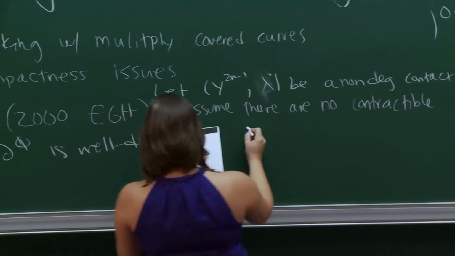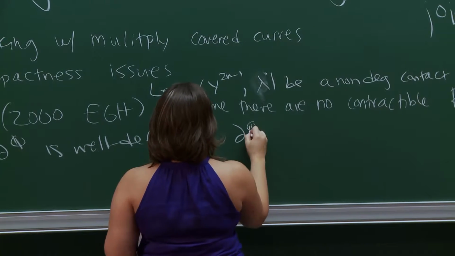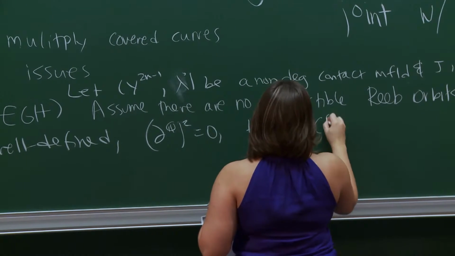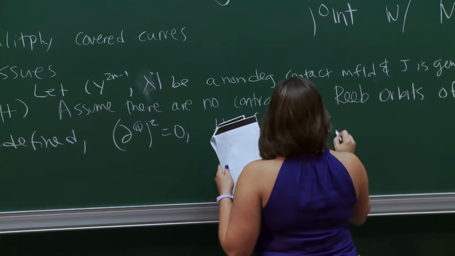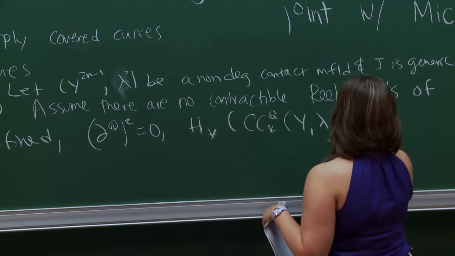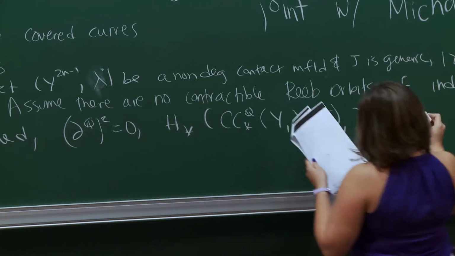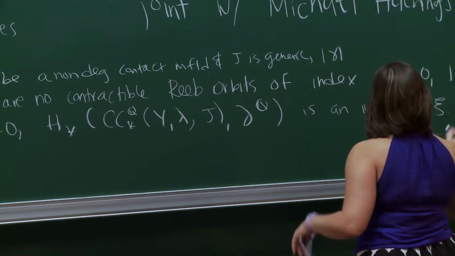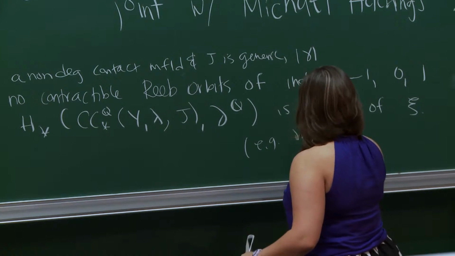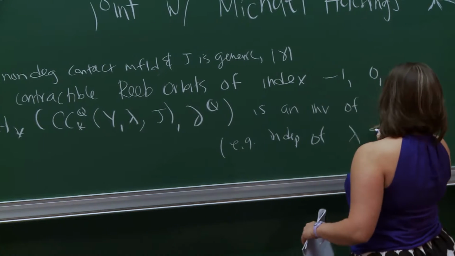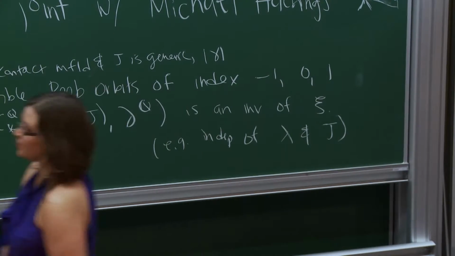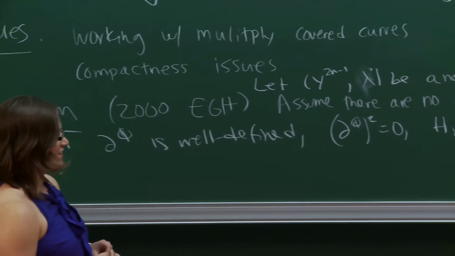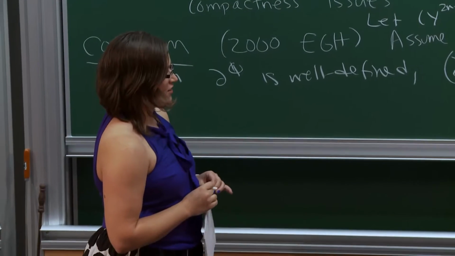Then you actually get a homology, so d squared is 0, and this homology, which depended on your contact form and your choice of J, was actually an invariant of the contact distribution, e.g. independent of the choice of lambda and almost complex structure J. But to be fair, they didn't quite say that, because they said that some abstract perturbations of the moduli spaces would be needed, but they wouldn't go into the details of that in that paper.